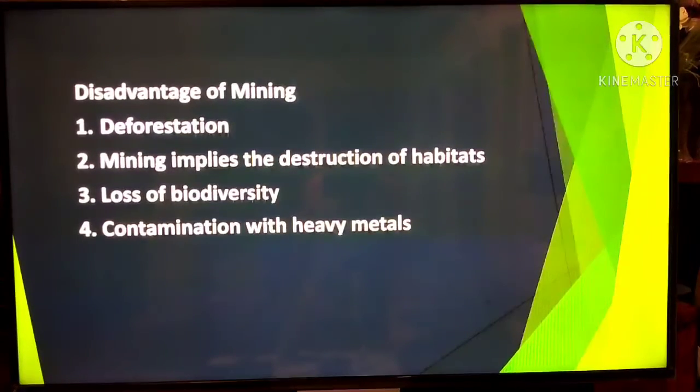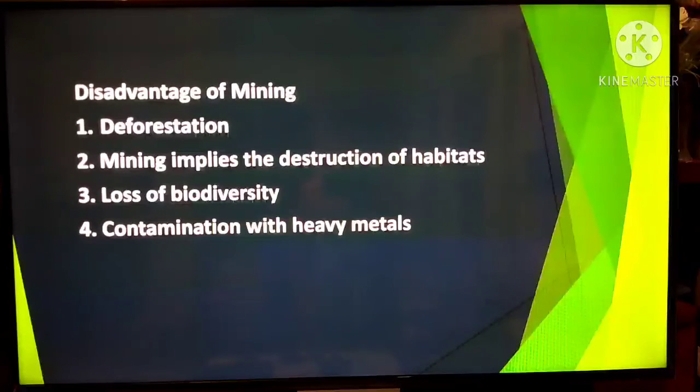Fourth, contamination with heavy metals. Yes, there are heavy metals involved in mining, such as when there are mine tailings at the mining site. Not only can workers get contaminated through the use of heavy metals related to mining, the nearby environment can also get contaminated by substances like the cyanide that is used for mining.